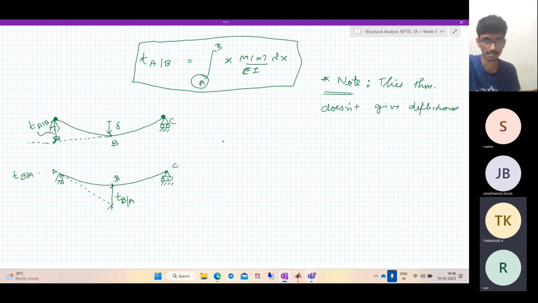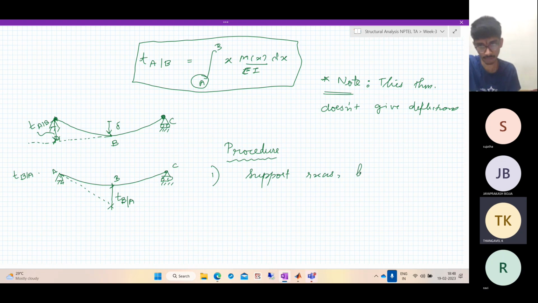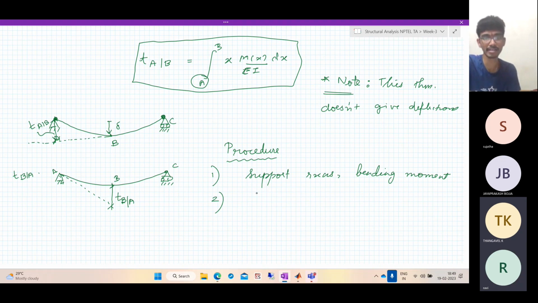So what is the procedure? As usual, the first step is support reactions and bending moment. The second step is you have to choose the points correctly. We'll see how to do it.